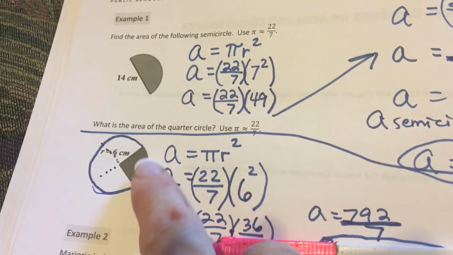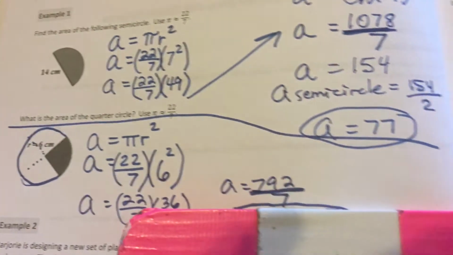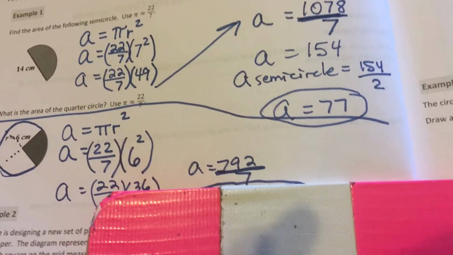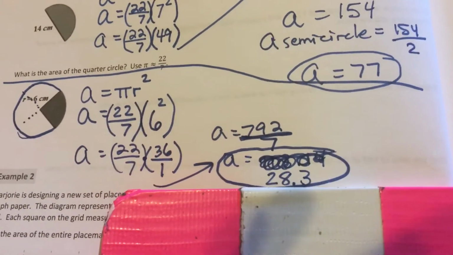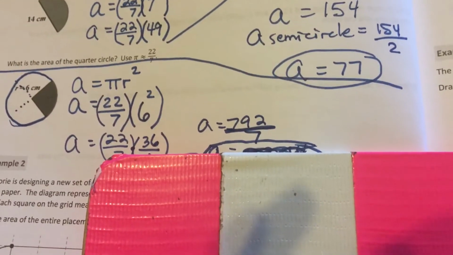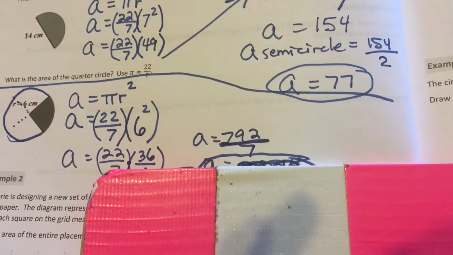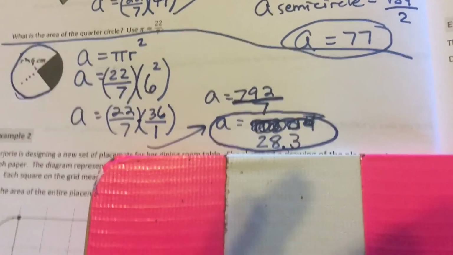This is a fourth. A fourth of a circle. So if you want just a fourth of something, you chop it into 4 pieces. So you take that answer, 113.14 something, and leave it in your calculator, and then say, oh, I only want a fourth of that. So divide it into 4.